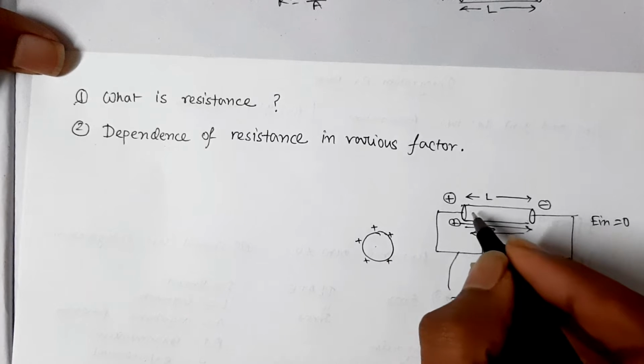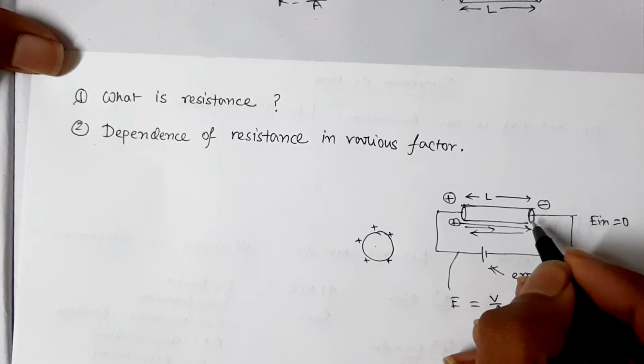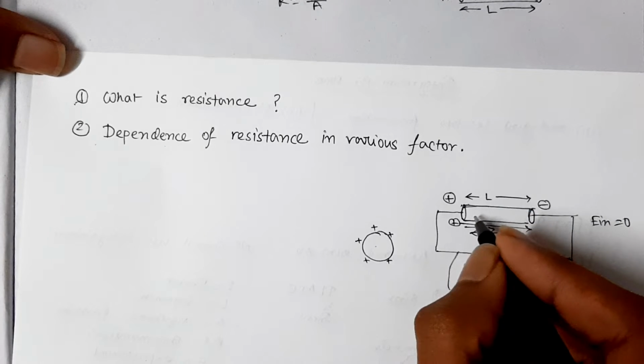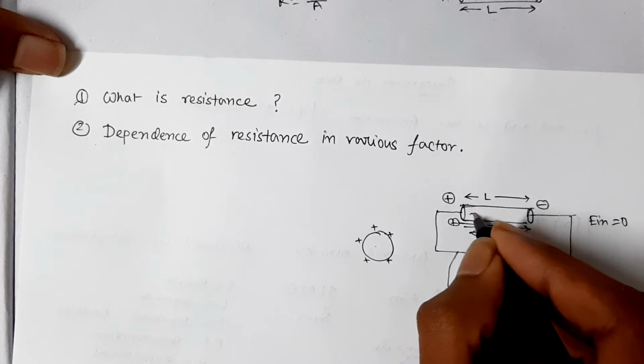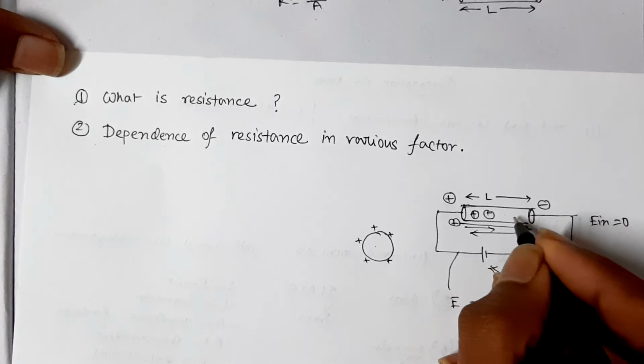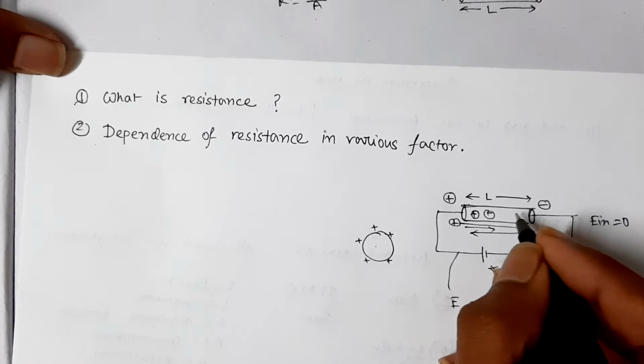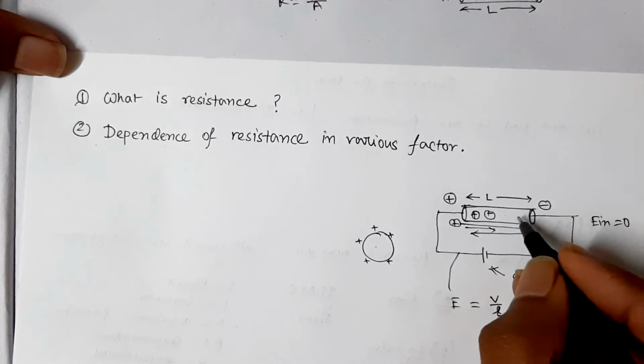So what is happening in this wire which flows electricity? In this wire, charges move inside the conductor, and that is why the wire flows electric current.